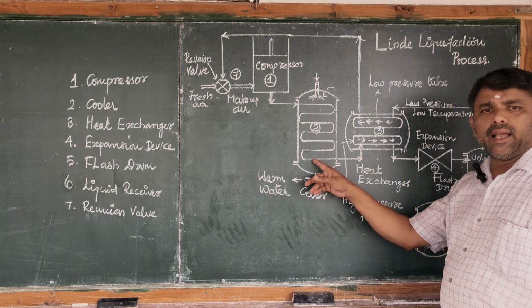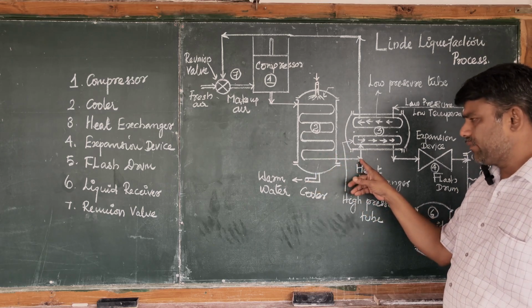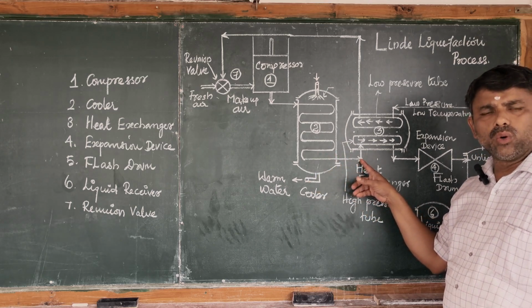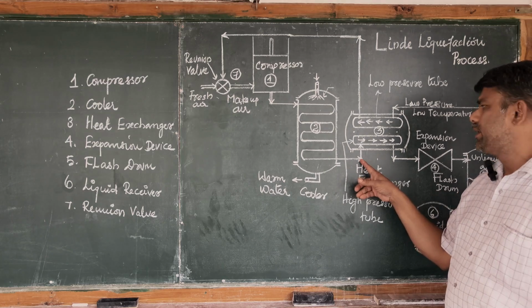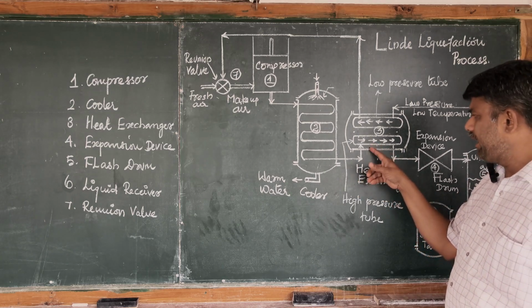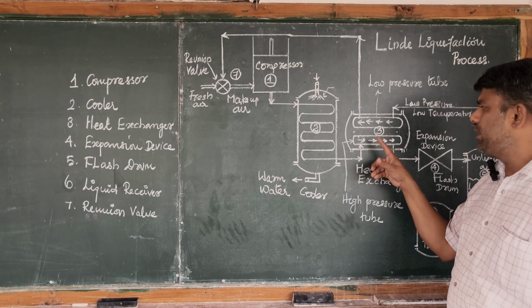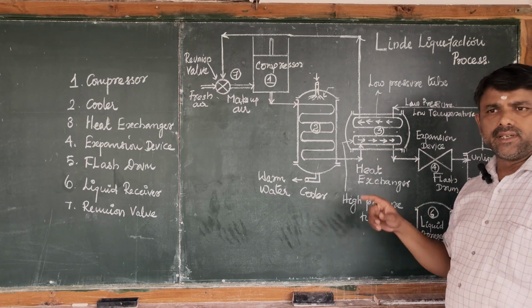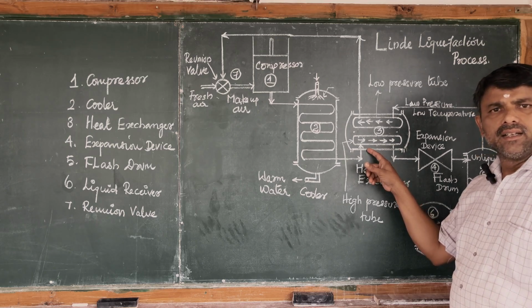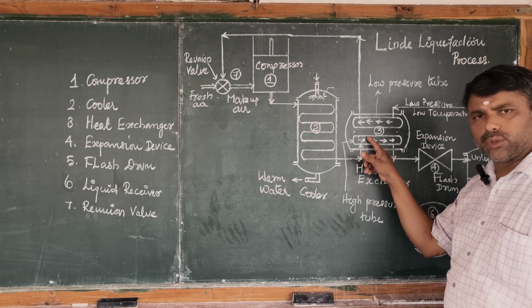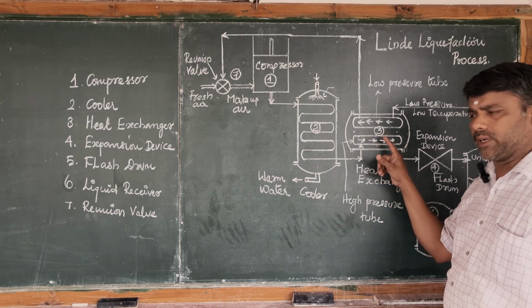The high pressure, low temperature air from the cooler is fed into the heat exchanger, in the high pressure tube side.